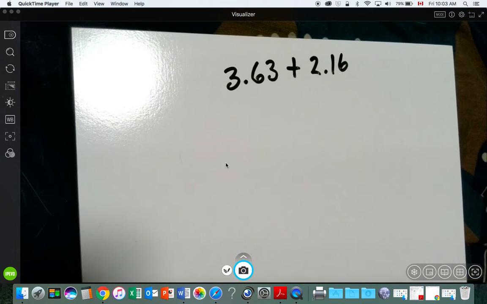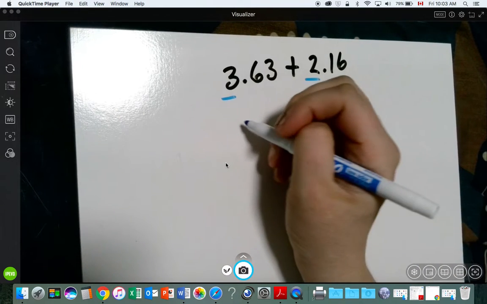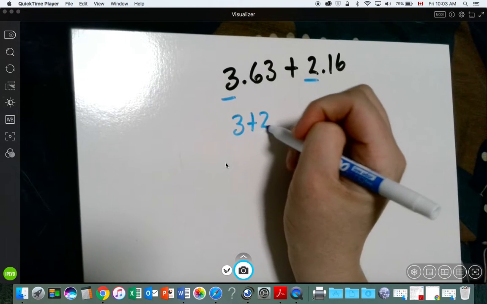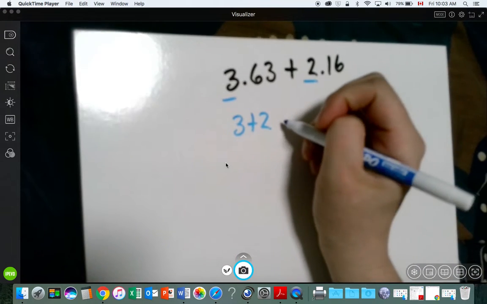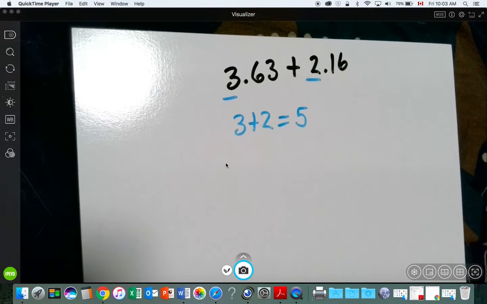Okay, so what we're going to do is start with the whole numbers. So when we start from the left, we're doing exactly that. We're starting with our whole numbers. So that gives us 3 plus 2, which we should know right away is 5. Then we're going to the next digits in our number, and that is in the tenths column.